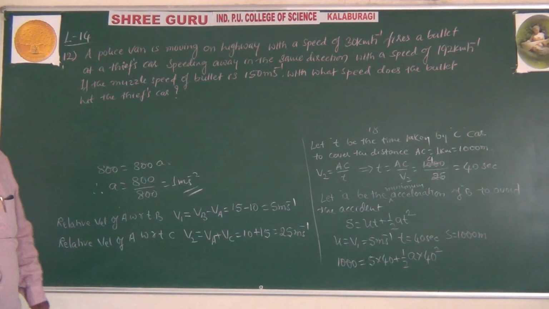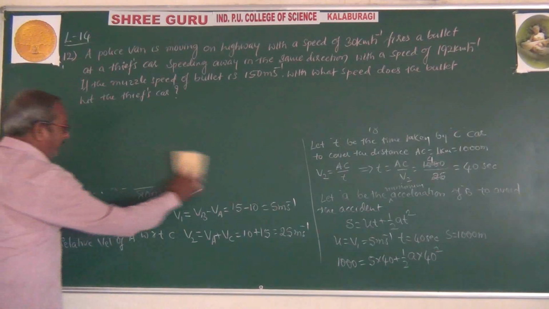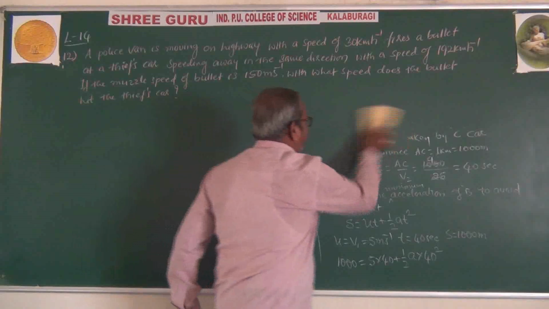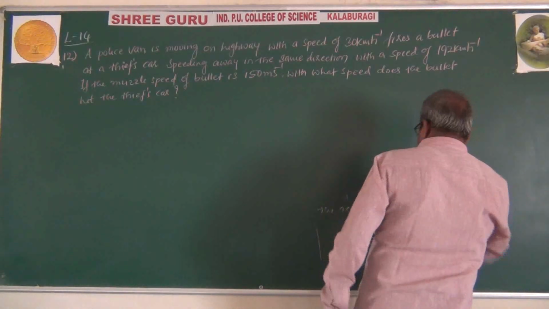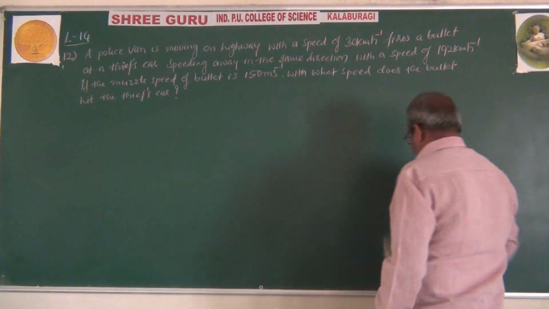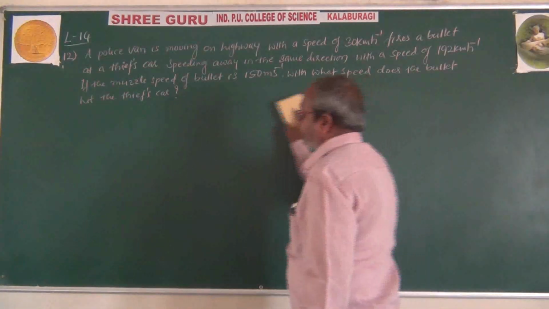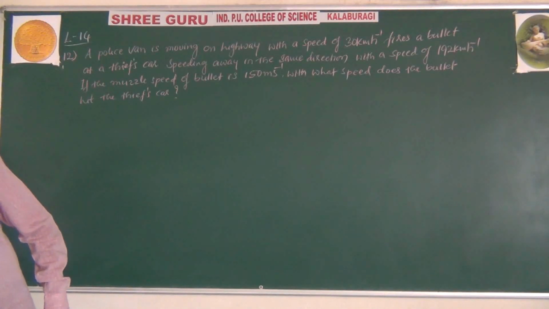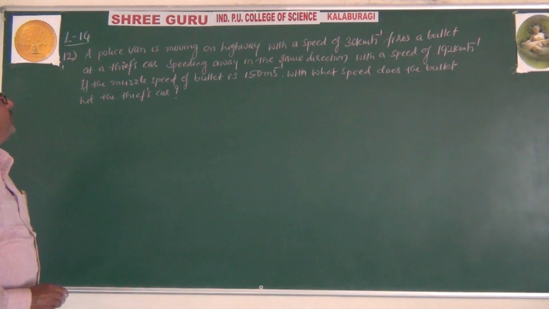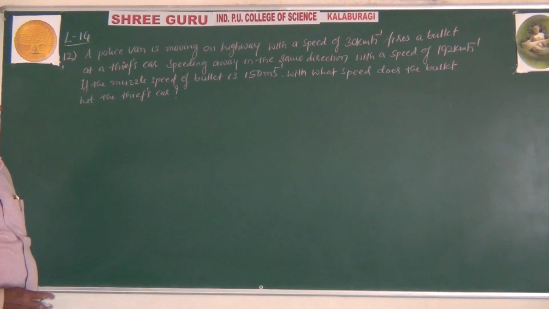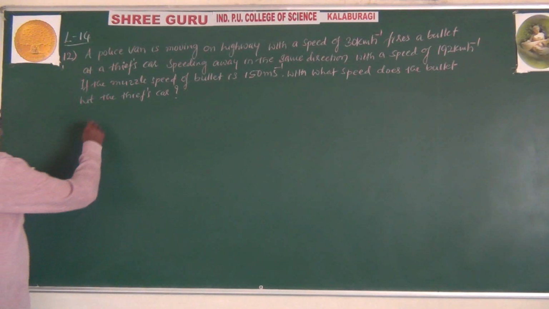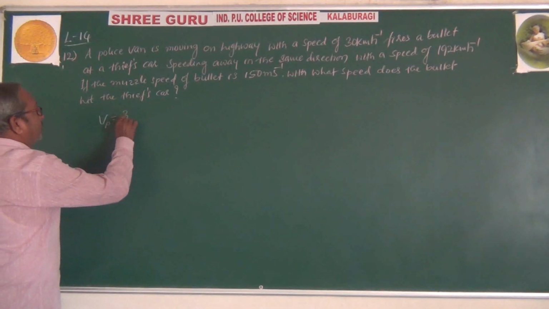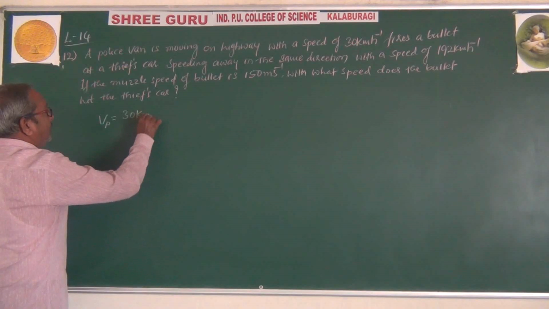This is the question. It will be based on the relative speed of the police van, the thief's car, and the speed of the bullet. So here is the police van, which is moving on a highway, with a velocity of 30 kilometers per hour.